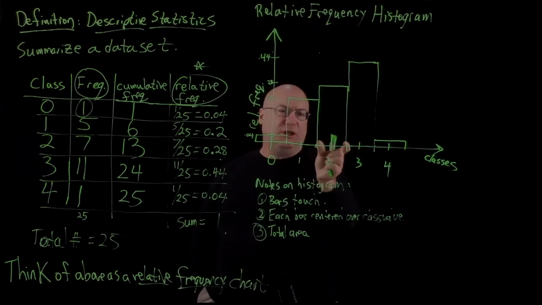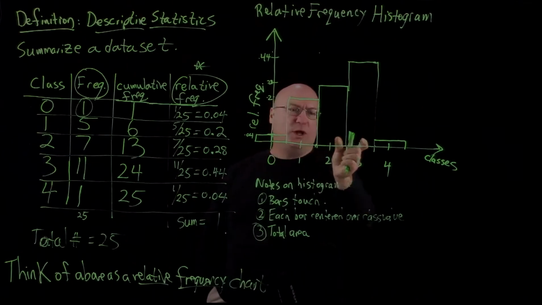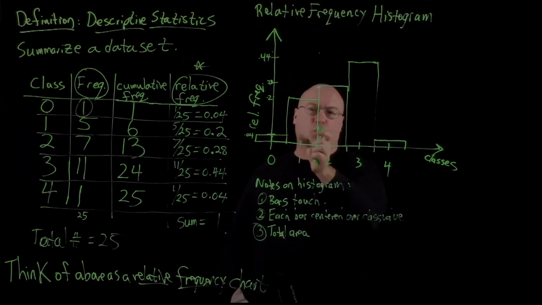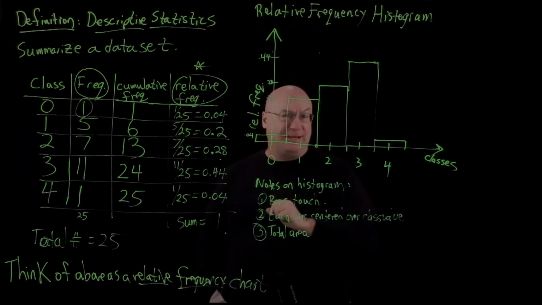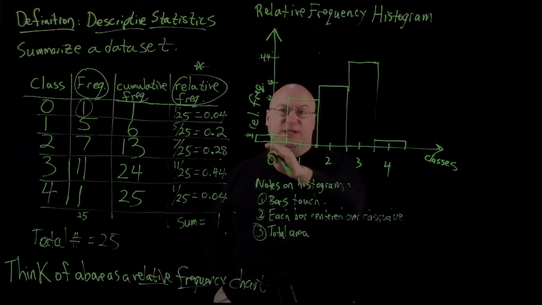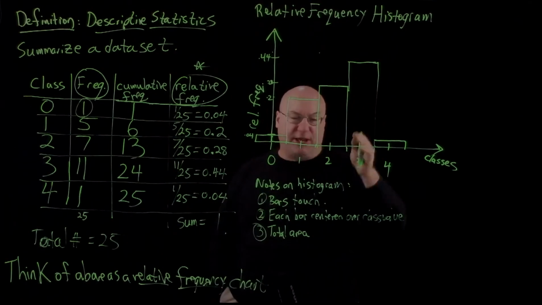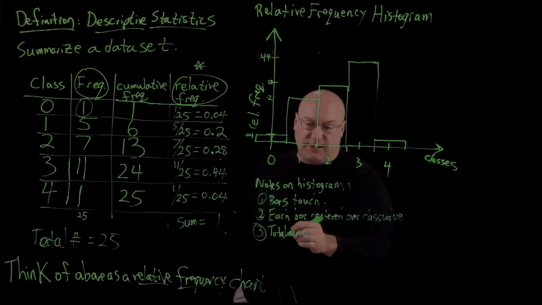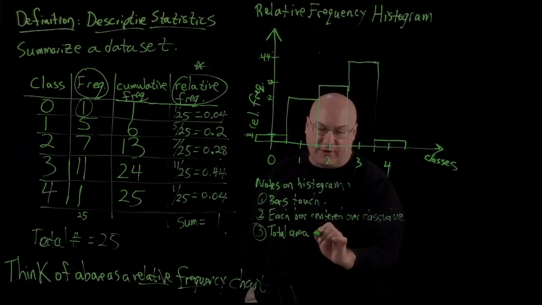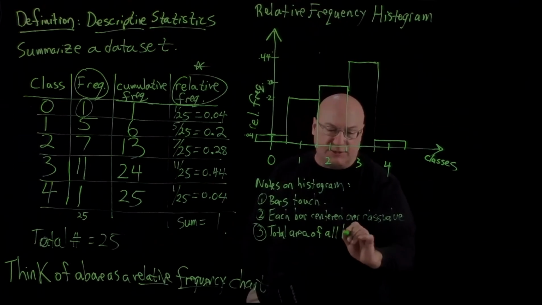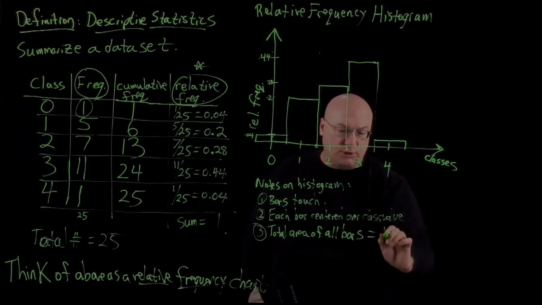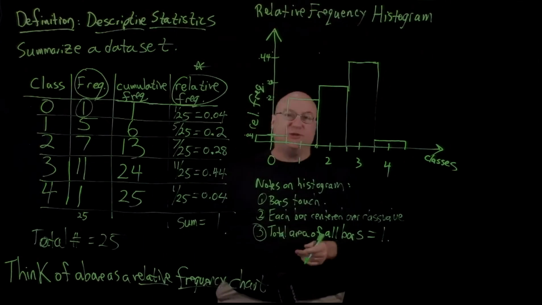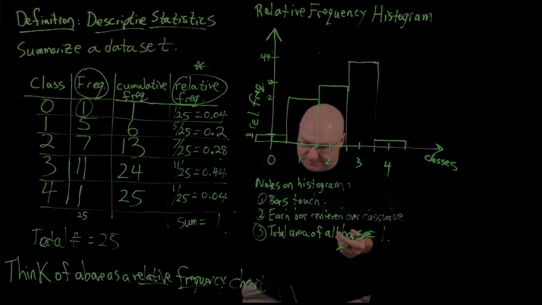It's just 1 unit, isn't it? The way I've drawn them, they're all 1 unit wide, so the area is 1 times the height. So really, I'm just going to take the height times 1 all the way through to get the areas. So the total area is the same as the total of all these numbers. I'm just multiplying each one by 1. So the total area of all bars equals 1. And this is something we will come back to over and over again.